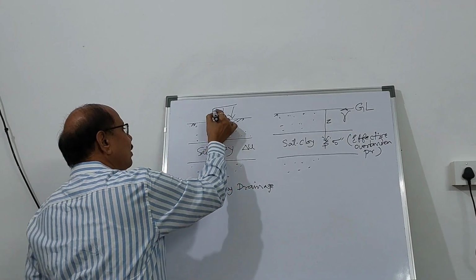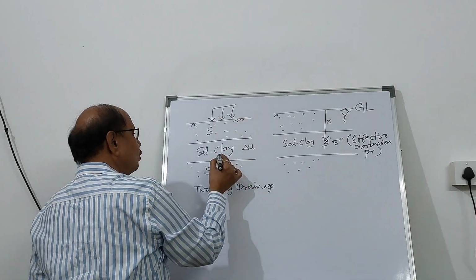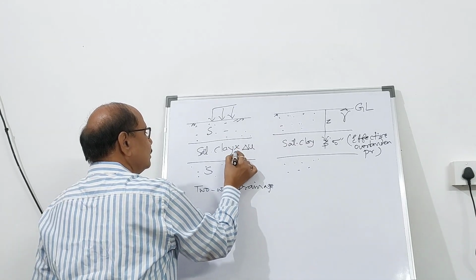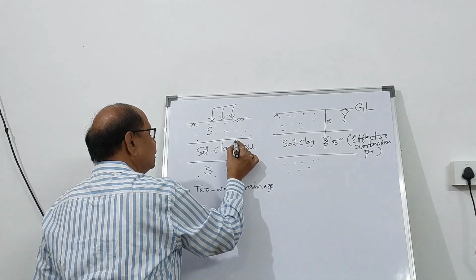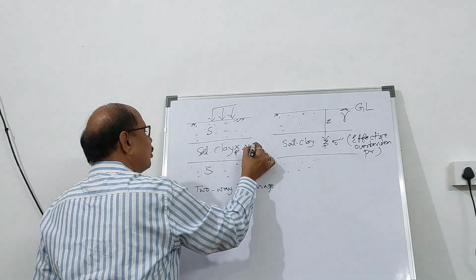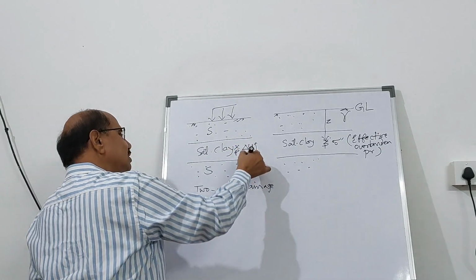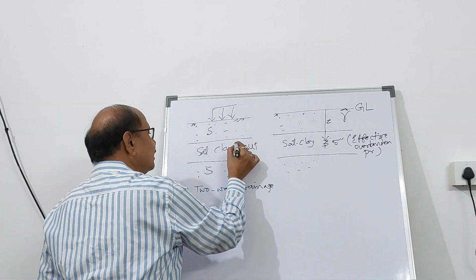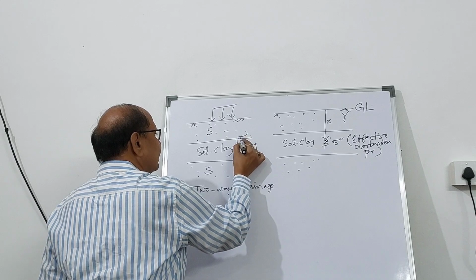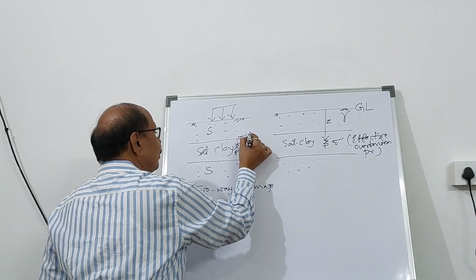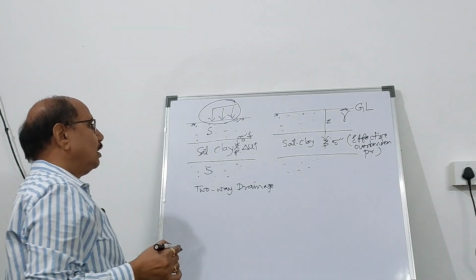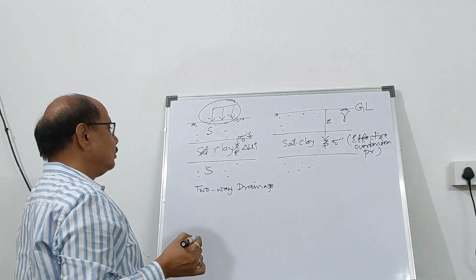But the moment you apply the intensity of loading, this point P will have an increase in pore water pressure. And once this pore water pressure dissipates, the total pressure at this point P will be the effective overburden pressure plus the increase due to this loading.